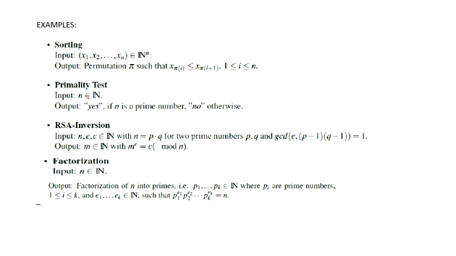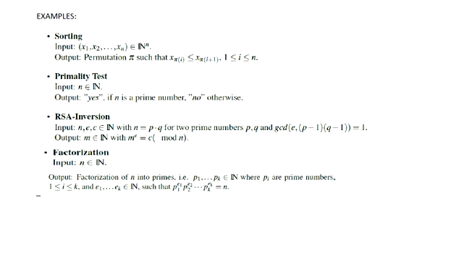So p1 to the power e1 multiplied by p2 to the power e2 up to pk to the power ek is equal to n, which is the factorization of the number n.